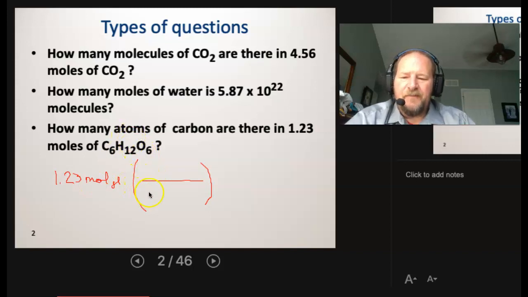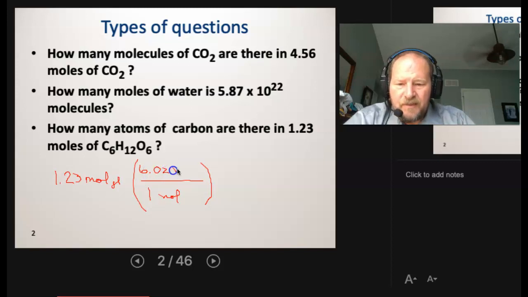So I'm going to get rid of moles by saying 1 mole over 6.02 times 10 to the 23rd molecules of glucose.